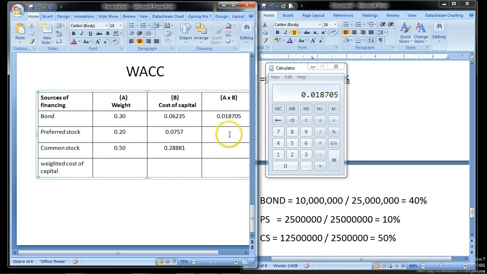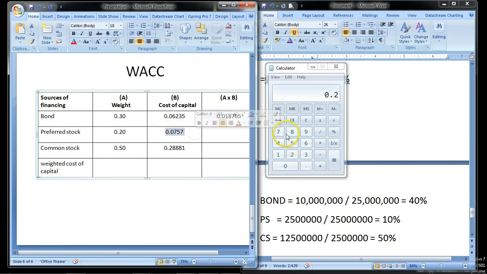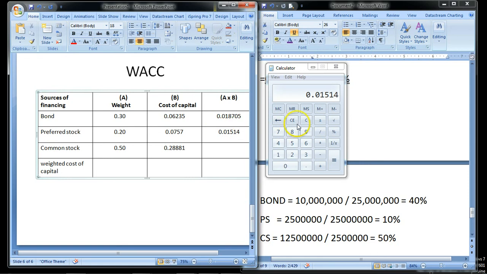Last answer, then you can round up to 2 decimal point only. Next, 0.2 will time with 0.0757, then you will get 0.01514. Okay, next.